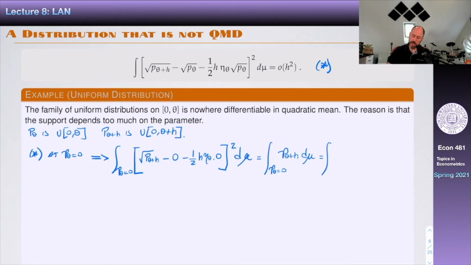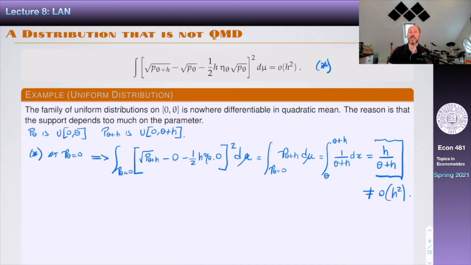And this is just the integral from theta to theta plus h of 1 over theta plus h dx, say. And this is just going to be h divided by theta plus h. As you can see, this is linear in h, and it doesn't go to 0 faster than h squared. So you conclude that the family of uniform distributions is not differentiable in quadratic mean.